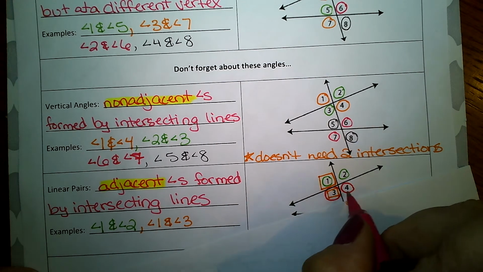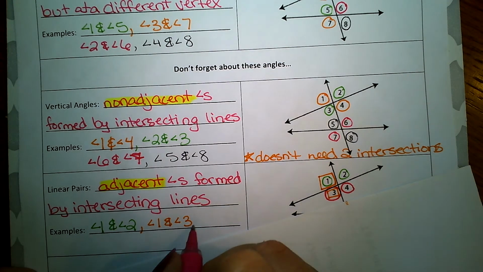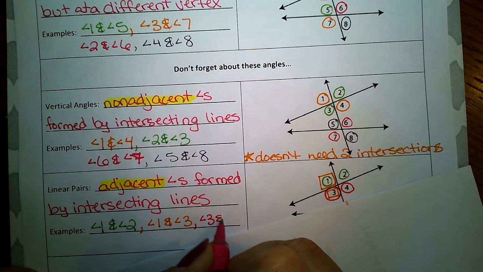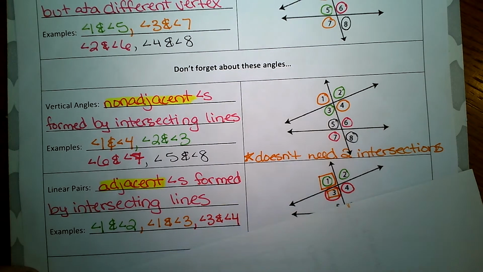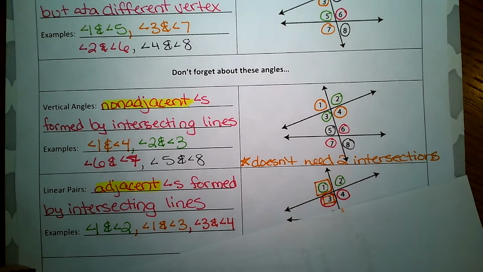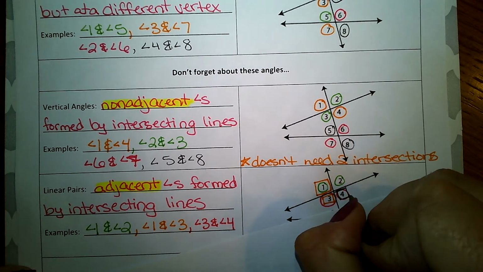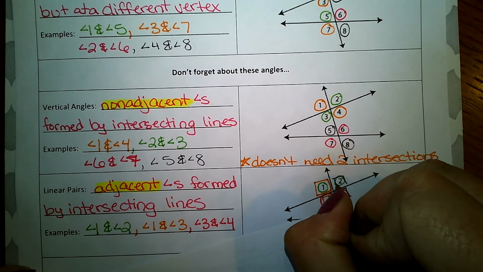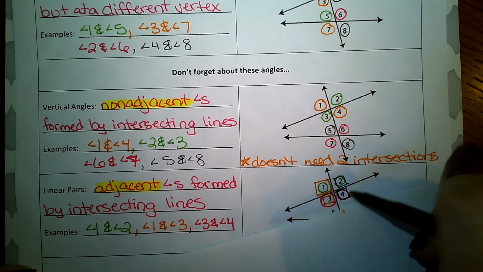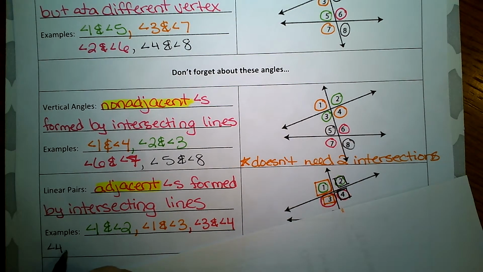They are side by side, adjacent, and they form a straight line. So angle 3 and angle 4 are a linear pair. And lastly here, we could say that angle 4 and angle 2 are a linear pair. They are adjacent and they form this line.